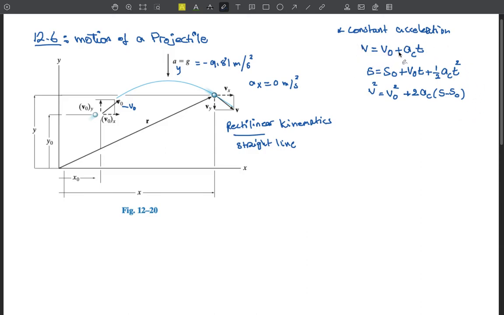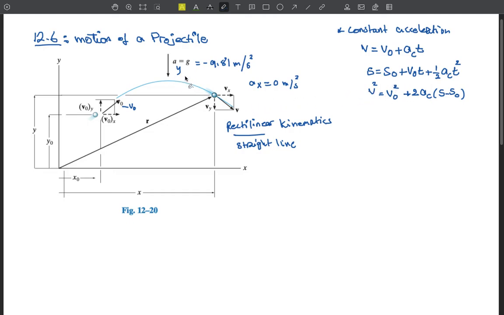V equals V naught plus a_c t. S equals S naught plus V naught t plus half a_c t squared. And V squared, where this is final, equals the initial velocity squared plus 2 a_c multiplied by S final minus S initial.